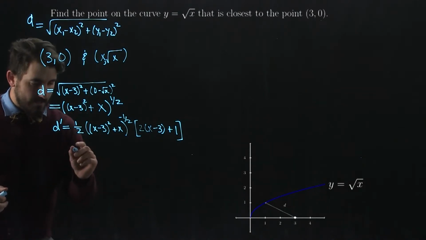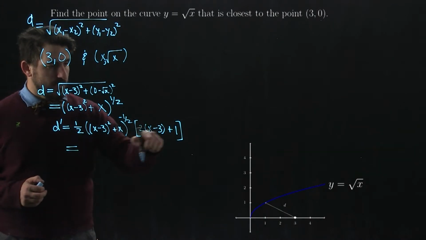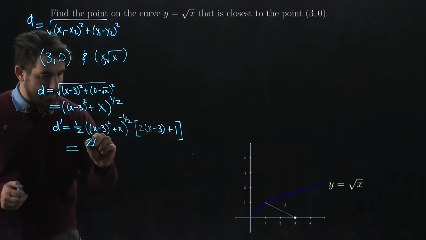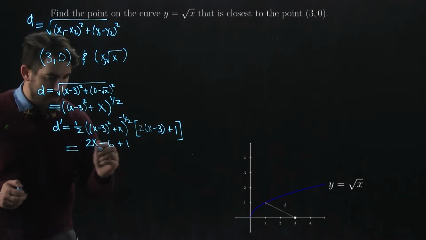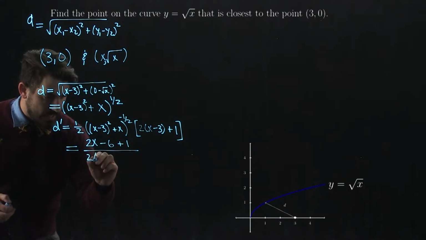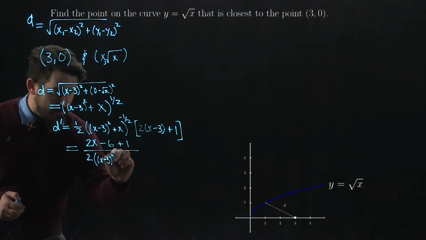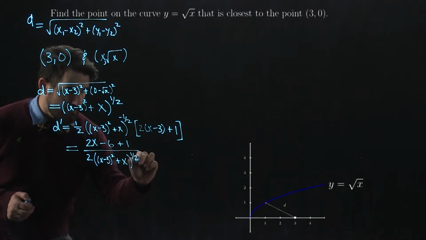I'm going to rewrite this so that when I set it equal to 0, it's a little bit clearer. The top is going to be 2x minus 6 plus 1, and the bottom is going to be 2 times the quantity (x minus 3) squared plus x, to the 1/2.